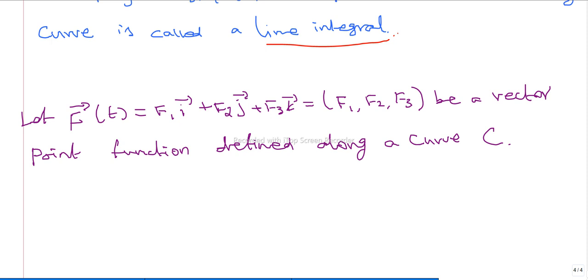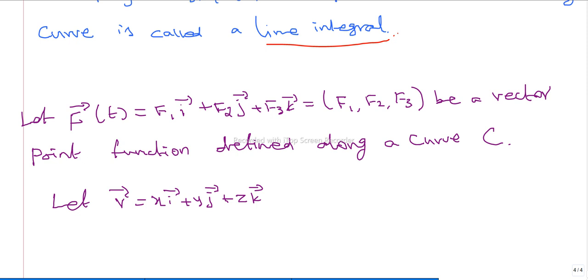Now suppose let r vector, we can write xi vector plus yj vector plus zk vector, be the position vector of any point on this curve.